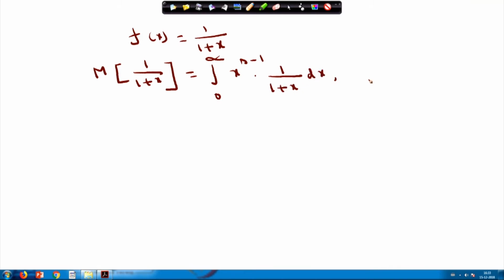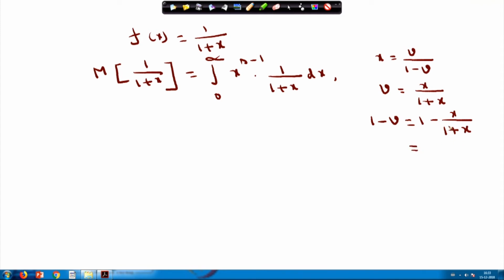Now, if I substitute x equals v by 1 minus v, then if you calculate v, this will become x by 1 plus x. So 1 minus v will be 1 minus x by 1 plus x, and if you calculate this, 1 plus x minus x, so 1 minus v is becoming 1 by 1 plus x.